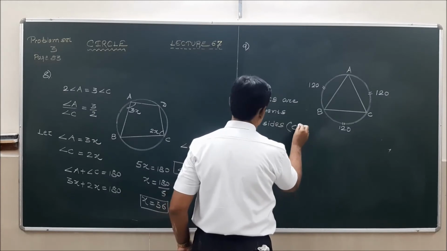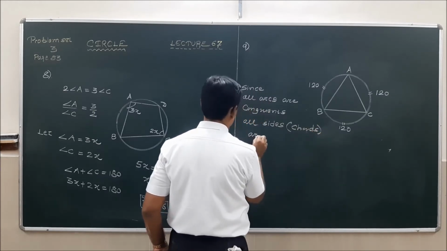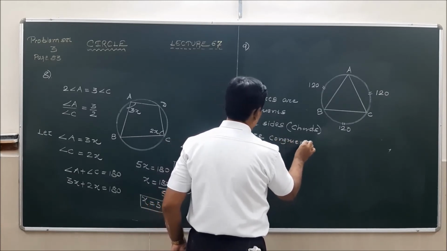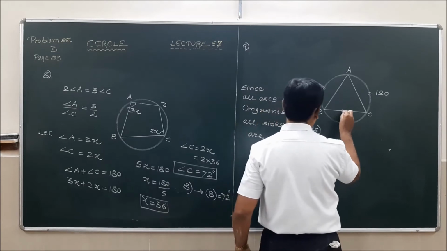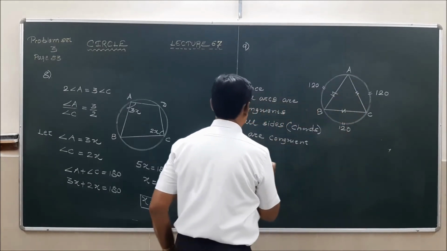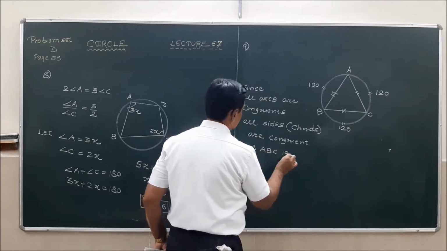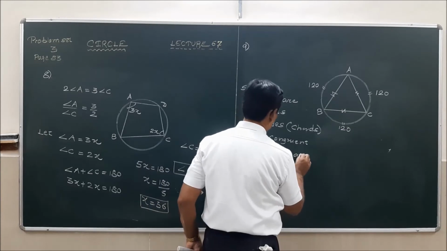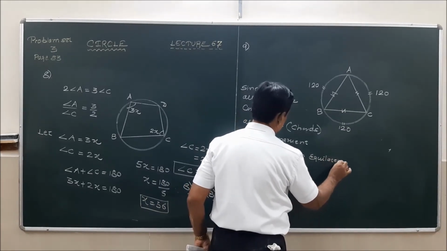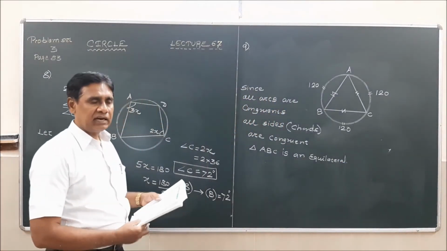Sides means chords. If all these chords are congruent, triangle ABC is an equilateral triangle.